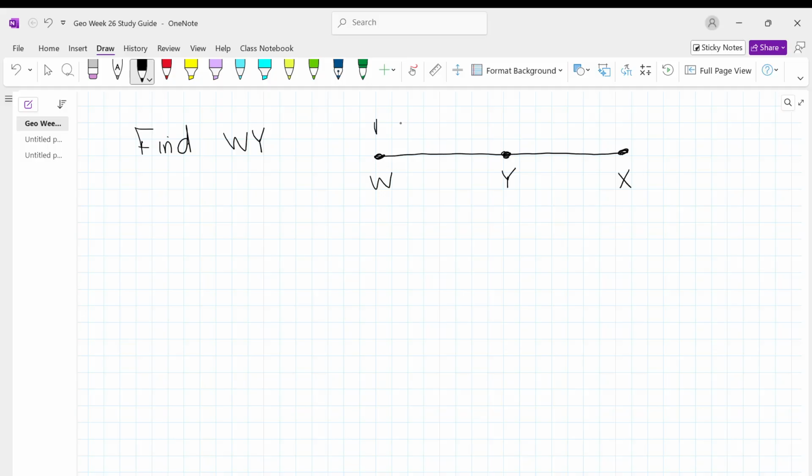And then this entire segment is equal to 8.8. And now pay attention to this. See segment WY right here? I'm going to put a red vertical mark on it, and I'm going to put another one on Y to X.